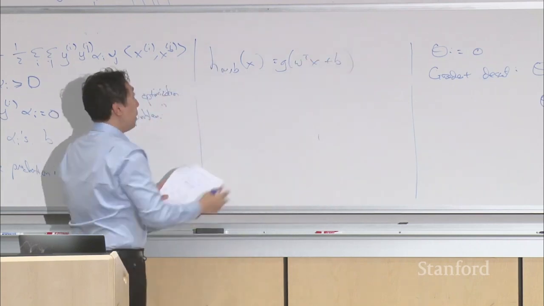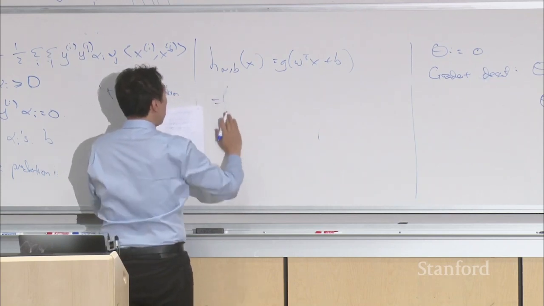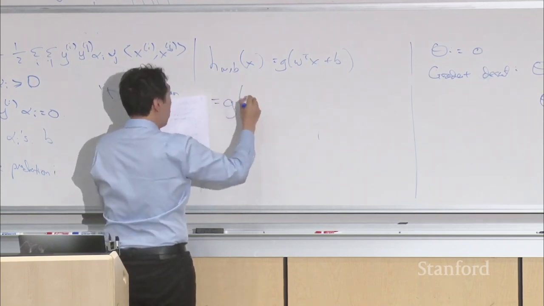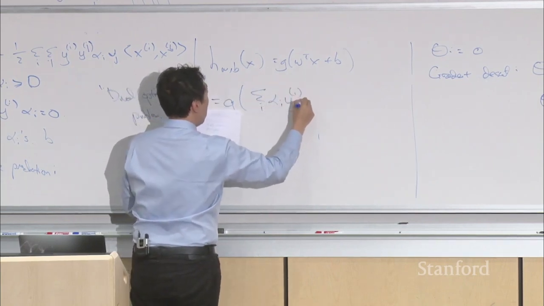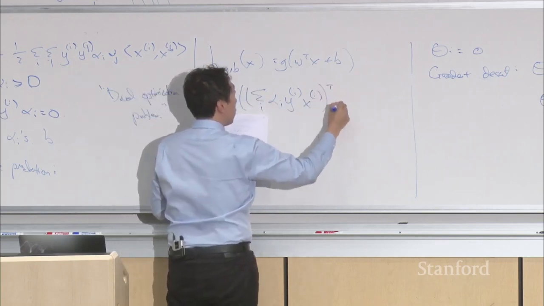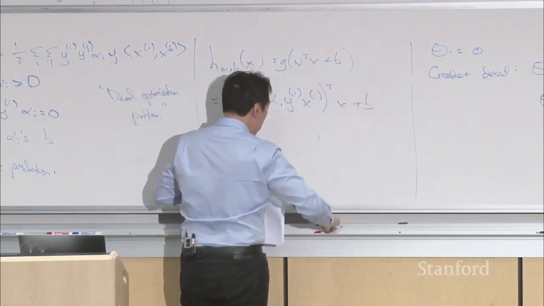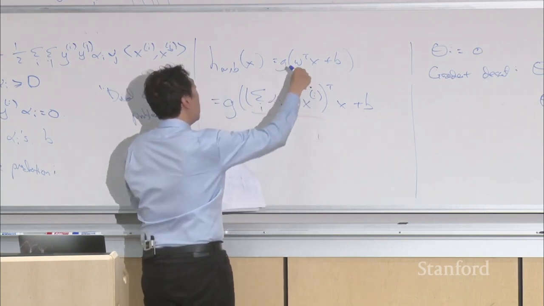But because of the definition of w, this is equal to g of w transpose x plus b, where w is given by this sum.